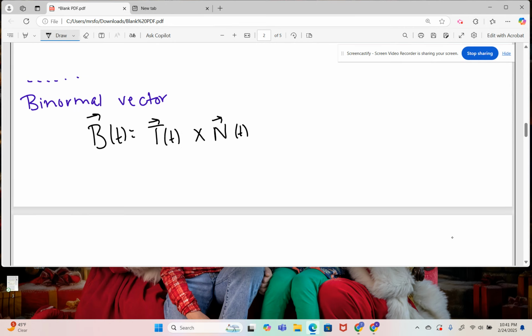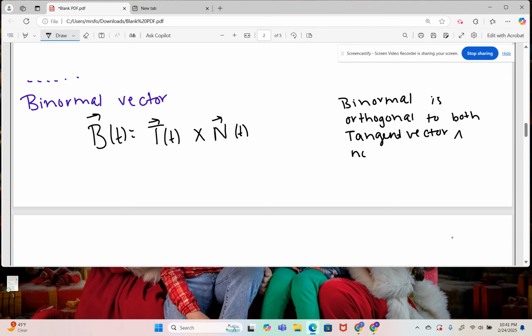So, let's take a little note here. The binormal is, I'm not got enough room there, is orthogonal to both the tangent vector and the normal vector.